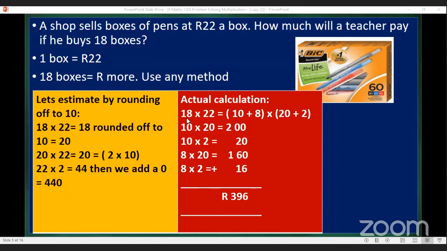So 18 times... First you separate, you put 18 times 20.